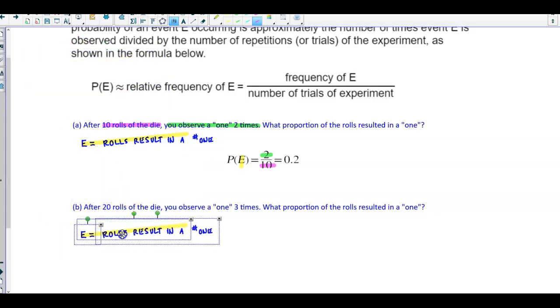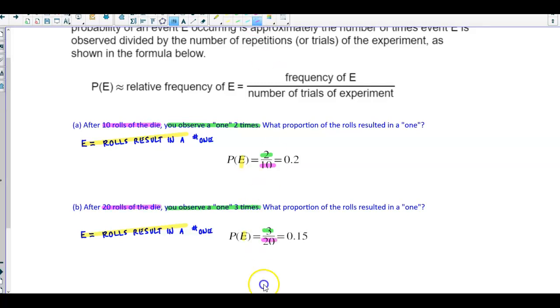We see that E represents a roll that results in a 1. And again, what we're trying to do is find the probability of that event E. So how many times did we observe a 1 being rolled? Well, we observed 3 times, so therefore it's 3 in the numerator. And then we're dividing by how many rolls there were of the die, which is 20. So 3 over 20 is equal to 0.15.